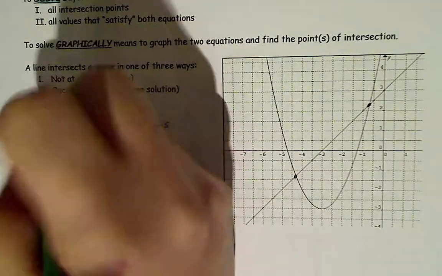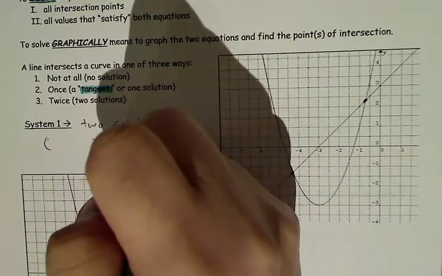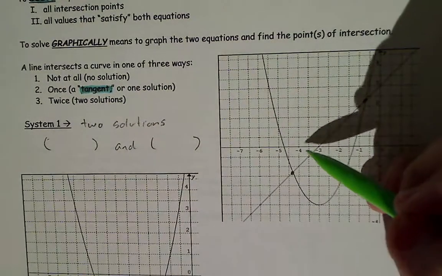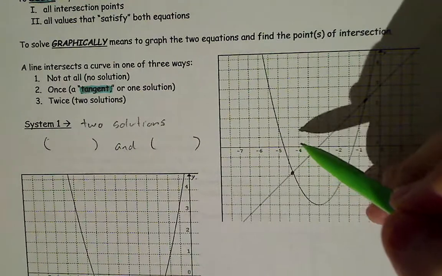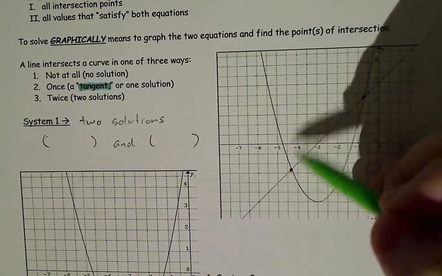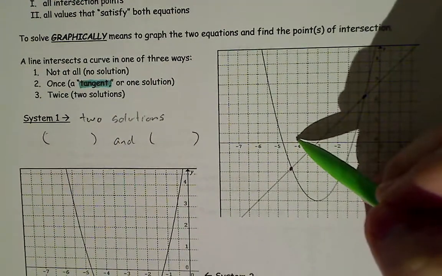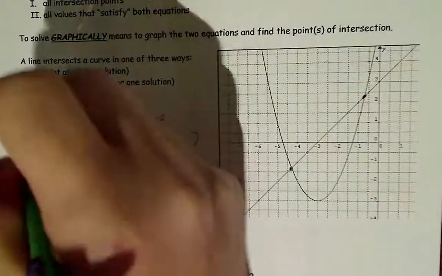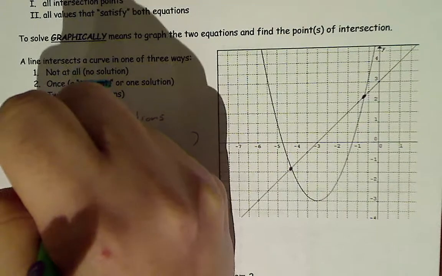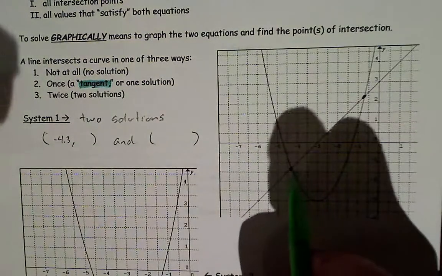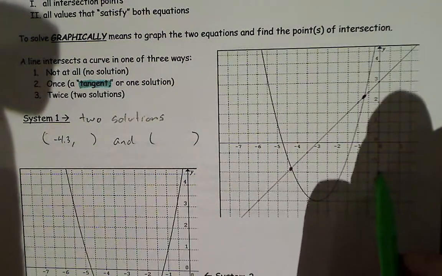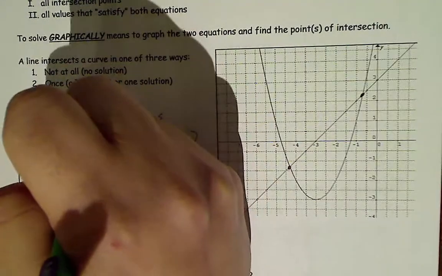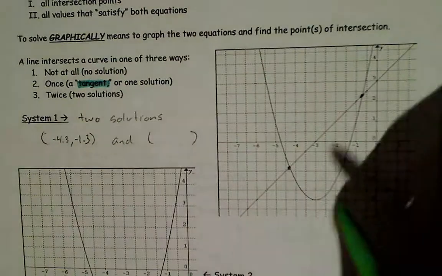The solution points themselves are going to be coordinates. Now if I look at this, this is going to be an approximation because I don't have the actual equation, but it looks like it's roughly about negative 4.3, and the y is negative 1.3-ish, on the first coordinate, which is this one right here.